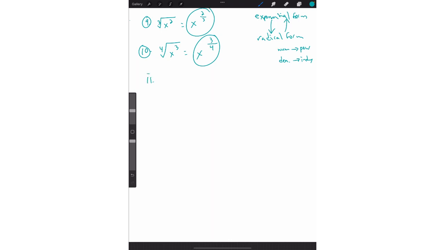Number 11, let's move on. Number 11 asks me to simplify each number. So if I'm looking at number 11, I have 8 to the 2/3. Now I'm taking everything that I've learned so far and putting all those pieces together. I know that I can write this as the cube root of 8 squared.